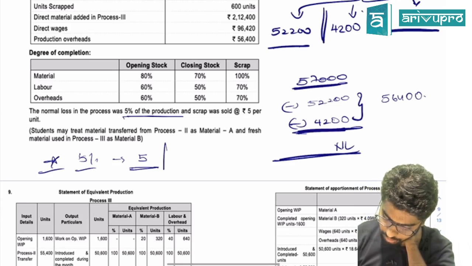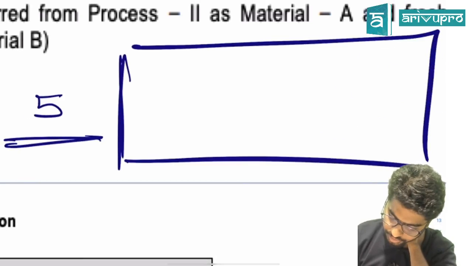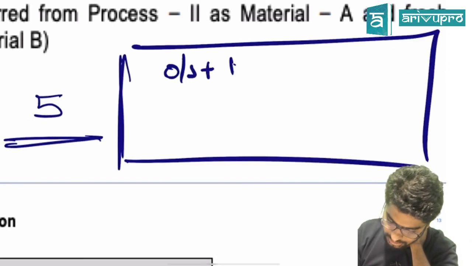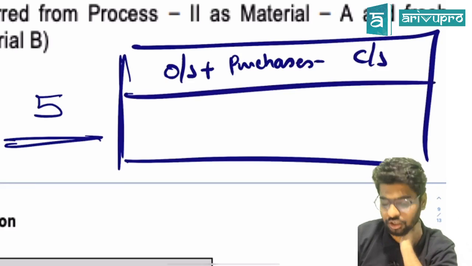So the number of units produced in a year, see here, opening stock plus purchases minus closing stock.